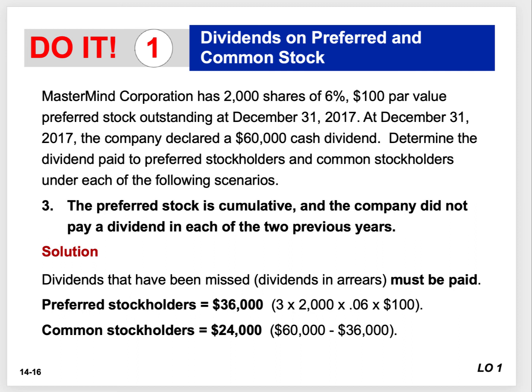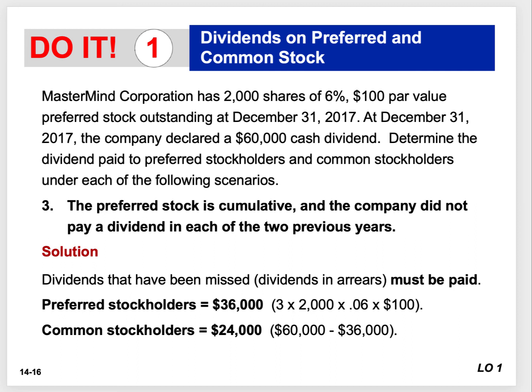But we need to remember that there are 3 years that we have to pay. We have to pay the 2 years that are in arrears, and we have to pay the current year. So we take 3, because we have 3 years of dividends that we need to pay these preferred shareholders before we can even pay any common shareholders. Okay? Got to pay the preferred first.